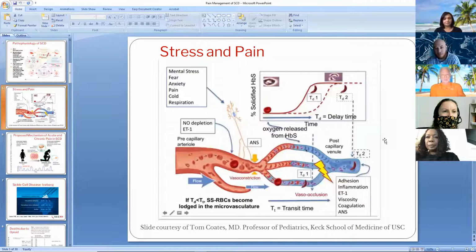There was a study that looked at mental stress, fear, and anxiety, and I won't go into detail, but it affects the autonomic nervous system, which then can also cause some vasoconstriction, which affects the blood flow and then causes sickling to occur in these patients. So we see this in our patients whereby they seem to be okay, and then some stress or anxiety affects them, and then they appear to be going into crisis.